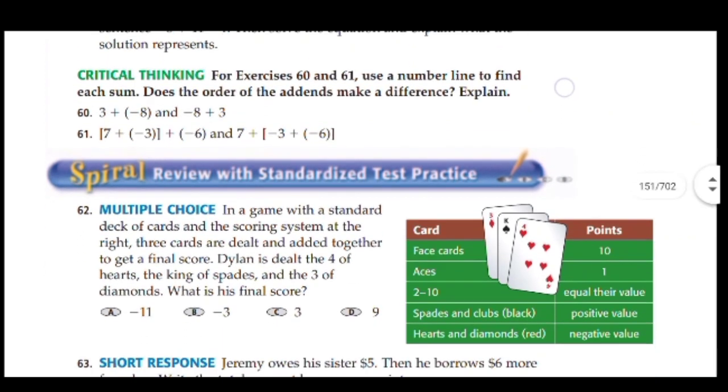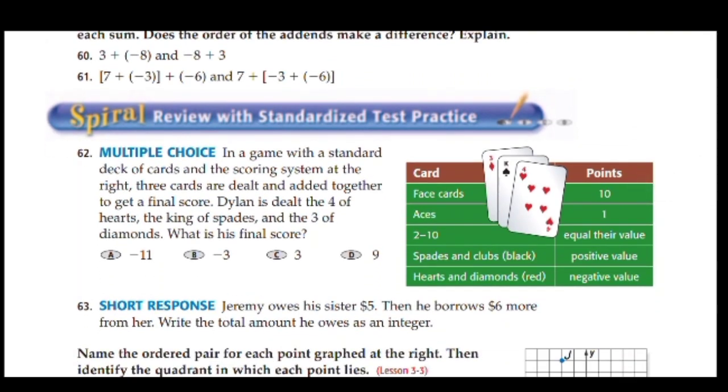Explain. 60. Negative x and negative x plus 3. 61. 7 plus negative 3 plus negative 6 and negative 6 plus negative 3 plus 7.